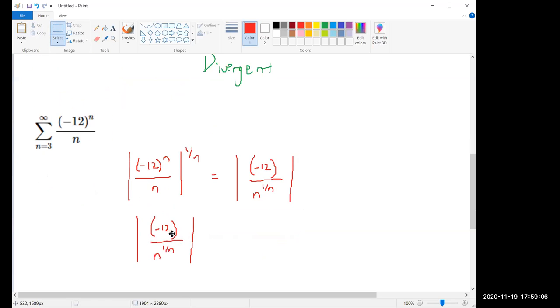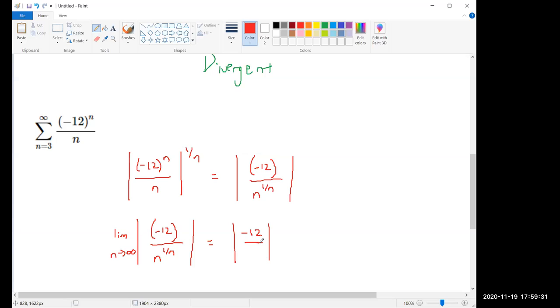Now, when you take the limit, let's see what happens. When the limit as n goes to infinity, the numerator is just -12 because there's no n there. So it just stays as -12. The denominator, what does the denominator become?